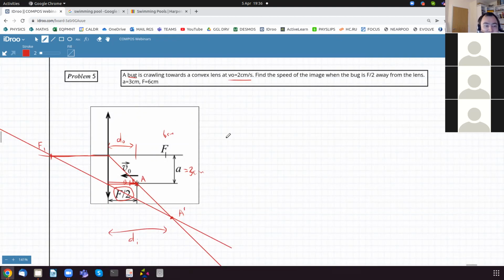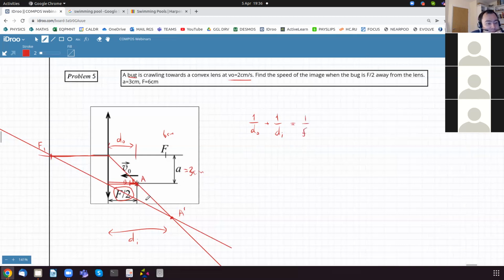And I'm going to write the thin lens equation: 1 over d0 plus 1 over di is 1 over f. I'm just using different terms because I already have v, and v is the speed, so I don't want to use v for the distance.